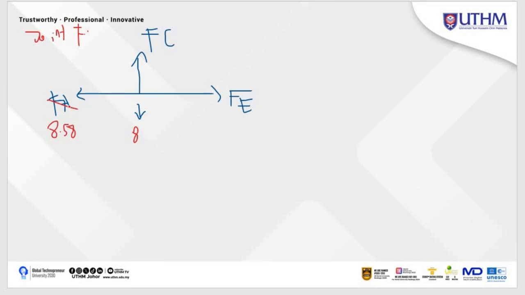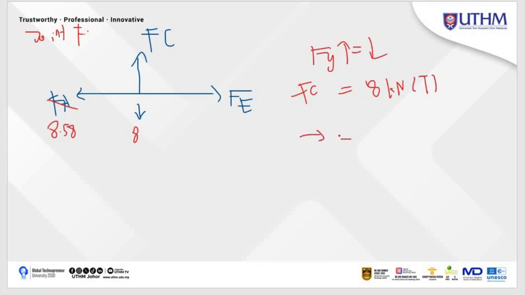So FA we already determined previously. We have Fy upwards equals Fy downwards. So we have 8 is downward, and we have FC is upward, so this one will be FC. So the FC member force of the truss will be 8 kilonewton, which is in tension because of the positive.